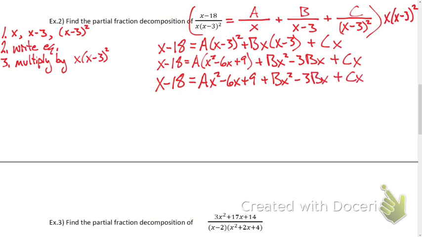And I see three types of terms. I see an x squared term, I see an x term, and then a term without x's. So I have that, I have that. I'm missing the x squared on the left, so I'm going to write 0.